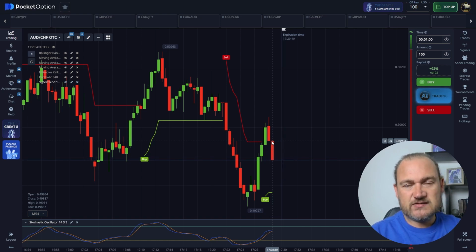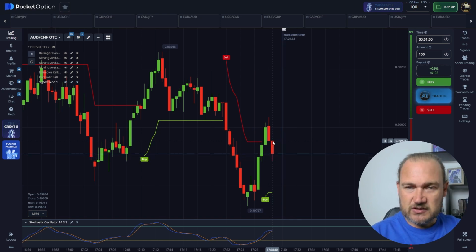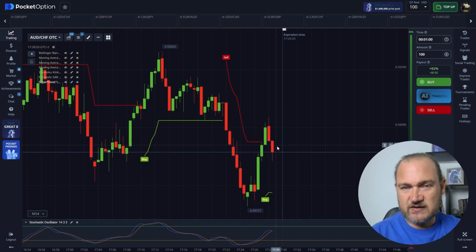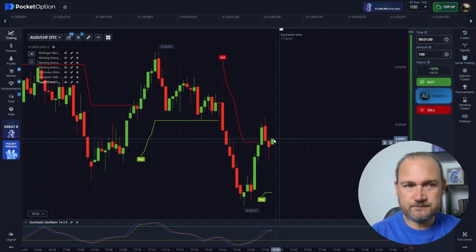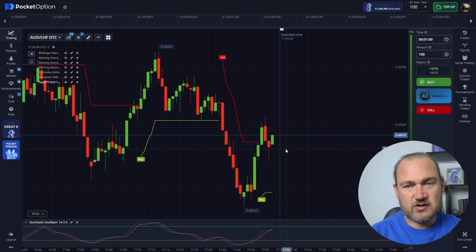And if you then go sit and look at what they're doing, you will quickly find out that they are trying to predict where the strategy is going to give them entries, and they start trading that. So they are taking entries before the strategy actually gives them a signal. And this is something you won't be able to do. If you're going to try and do that, you're going to be wrong most of the time.